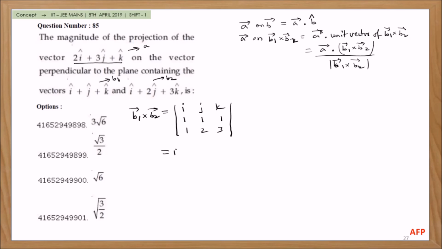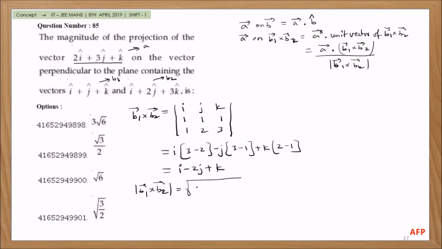If you go for the expansion, you are getting i times (3 minus 2), minus j times (3 minus 1), plus k times (2 minus 2)... so here i minus 2j plus k. Now the magnitude we will find. It is square root of 1 square plus minus 2 square plus 1 square. This is nothing but square root of 6 you are getting. This is what we got.